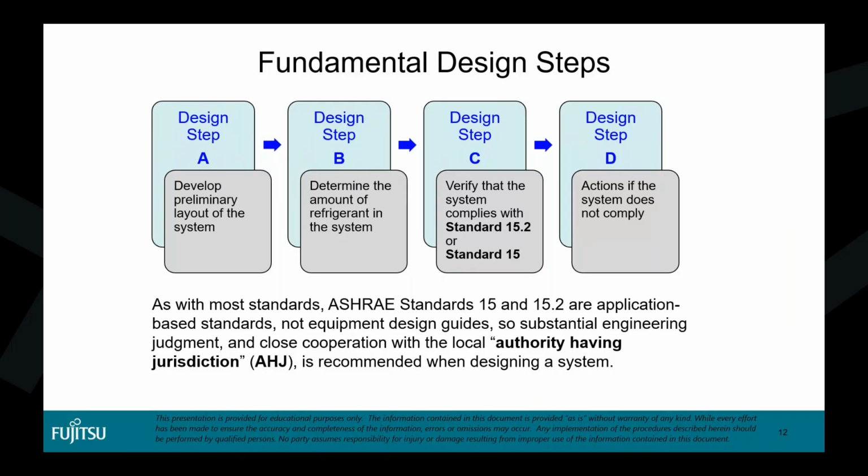You have to pick one of them. And then if it doesn't comply, there are actions you can take. We're going to come back to that. Very important here in this discussion is the AHJ, authority having jurisdiction. That person or that organization is the one that signs off on this. So it's good to have a close contact with that function.